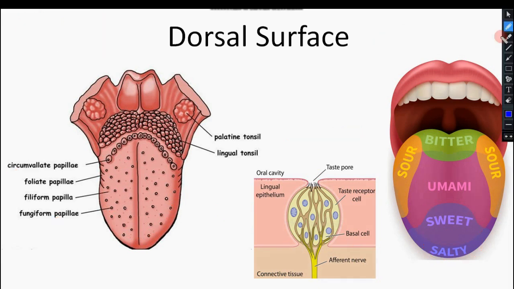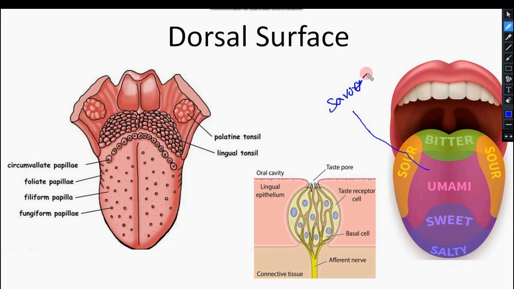Clear? So here at this region, umami is another taste. This is another kind of taste which is known as savory. It contains the taste of all the said tastes, that is sweet, salt, sour, bitter, along with the taste of savory.